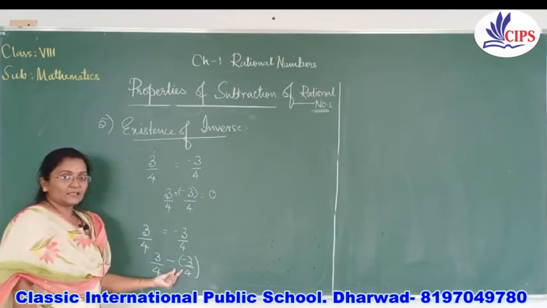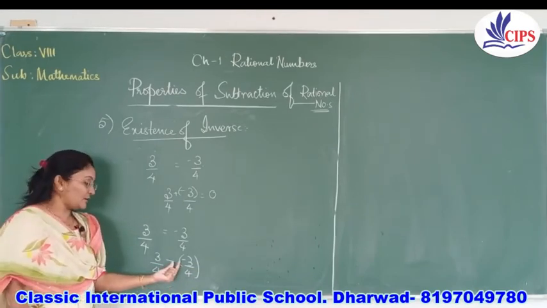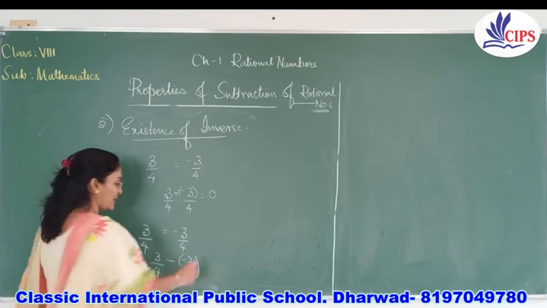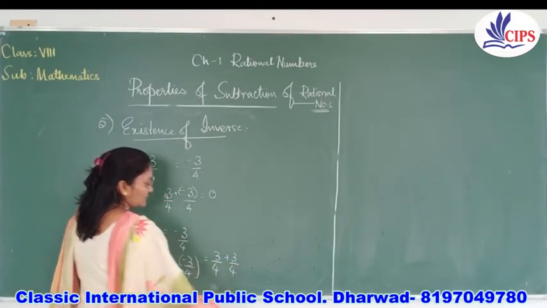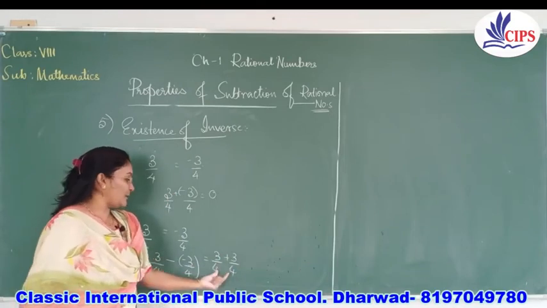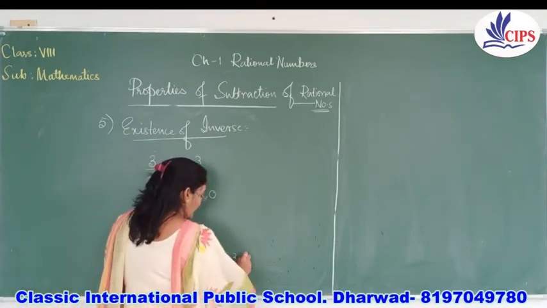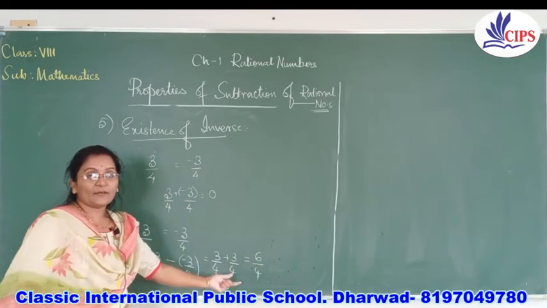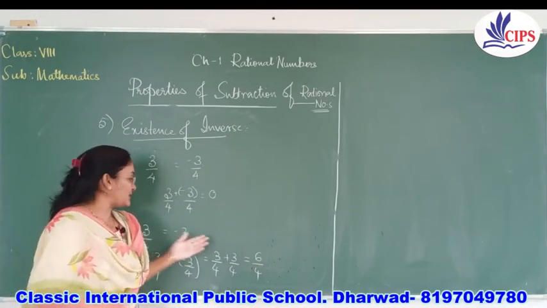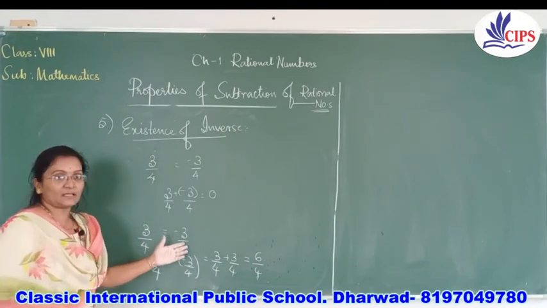Now, can we add these? No, because they have got the same sign. When you simplify this, we get 3 by 4 plus 3 by 4, which is 6 by 4. What we have to get is 0, then only we can say the additive inverse of 3 by 4 is minus 3 by 4.